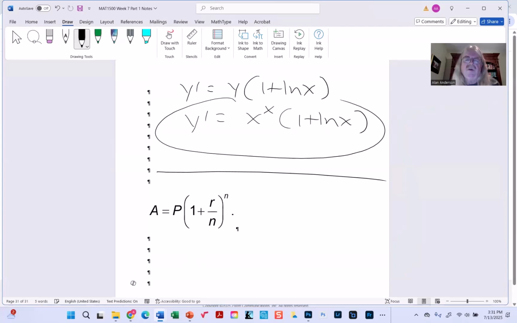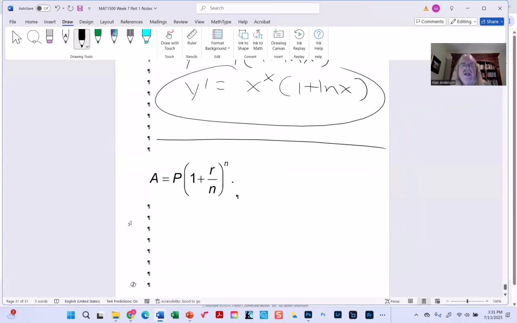So here are the components of this formula. A is the future value of a sum. P is the principal, which is the sum that we're referring to. In other words, this is how much we started out with. R is the rate of interest, in this case the annual rate of interest.